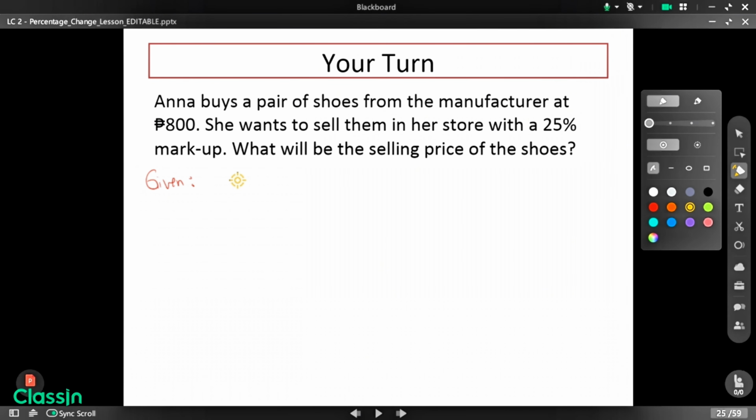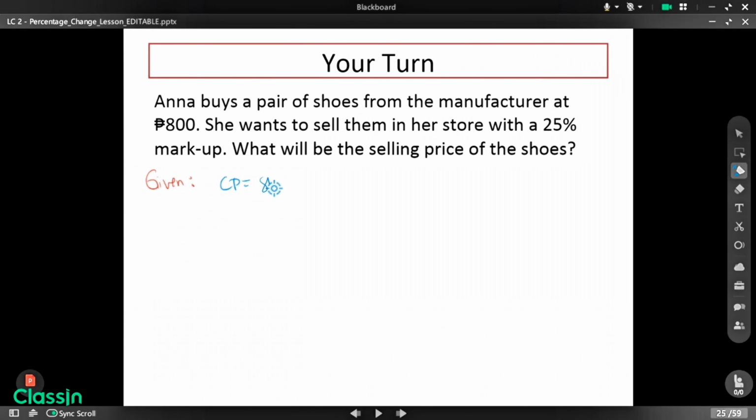So given our cost price is 800 pesos and the markup rate is 25%, or in decimal it is 0.25, and the thing that we need to find is the selling price of the shoes.